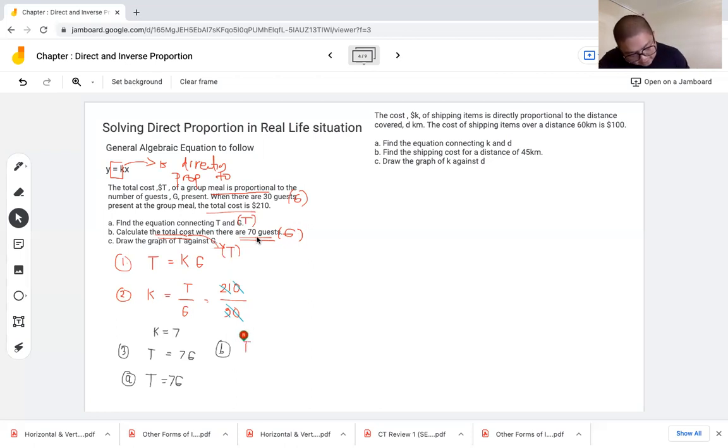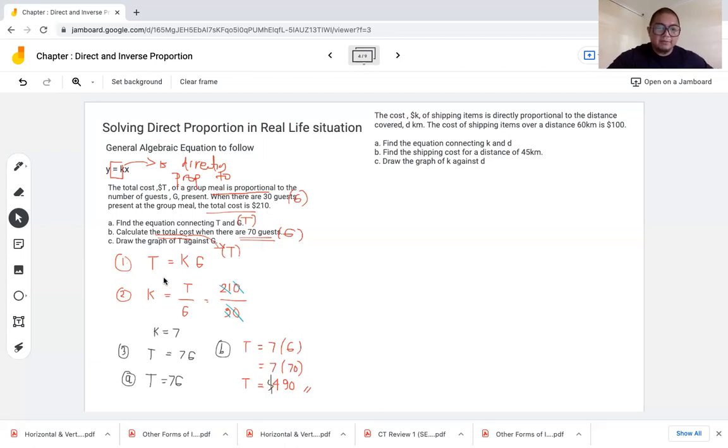If I use the equation T is equivalent to 7 times G, and I know that G is equivalent to 70, then this is going to be 7 times 70, which eventually will give you 490. Okay. So in this case, we will now know that the total cost will become $490.